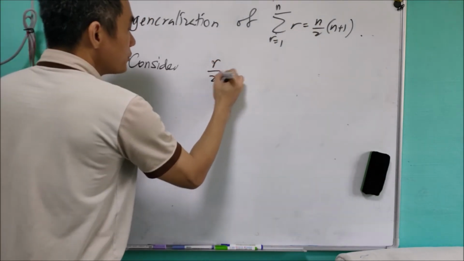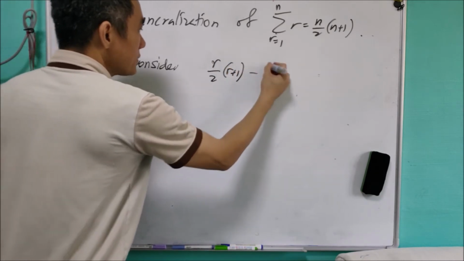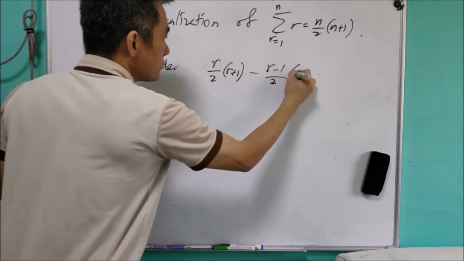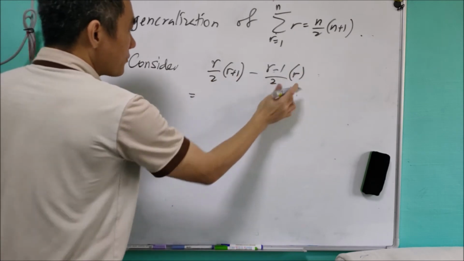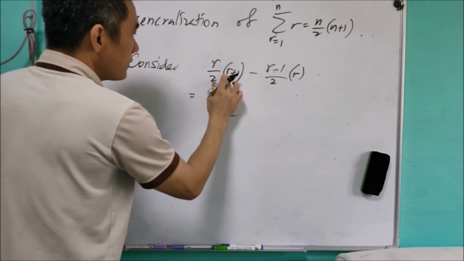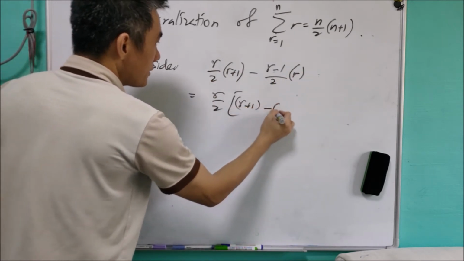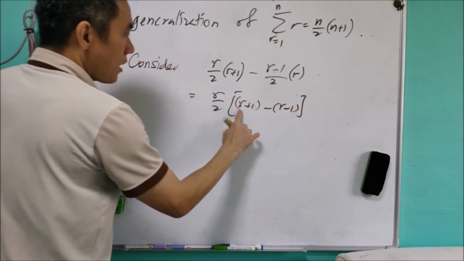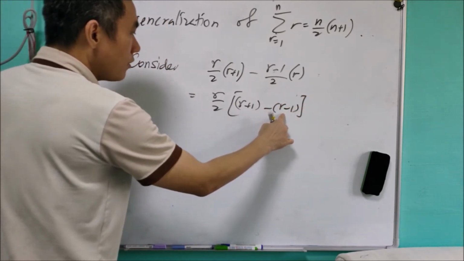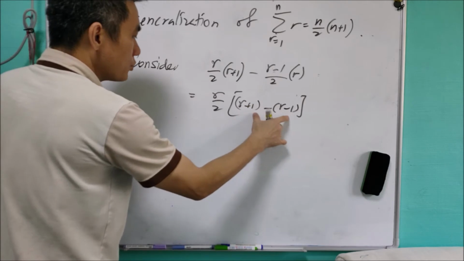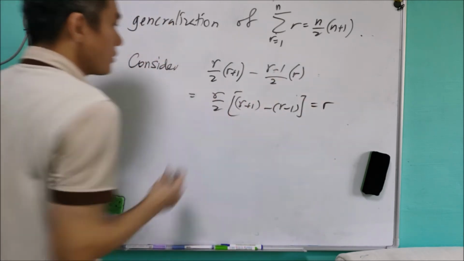Consider r over 2 times r plus 1 minus r minus 1 over 2 times r. The common term is r over 2. Then this is r plus 1 minus r minus 1. r minus r will be cancelled off. 1 minus negative 1 is 2. 2 and 2 cancel off, and this is equal to r.